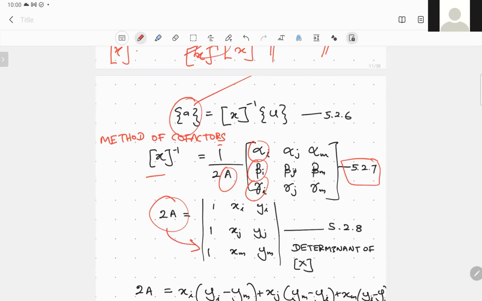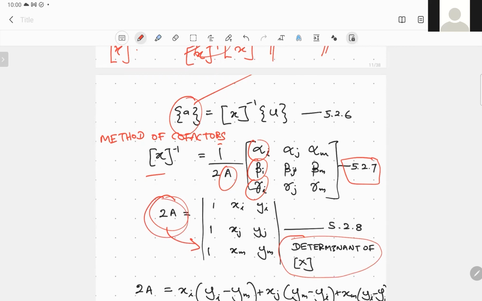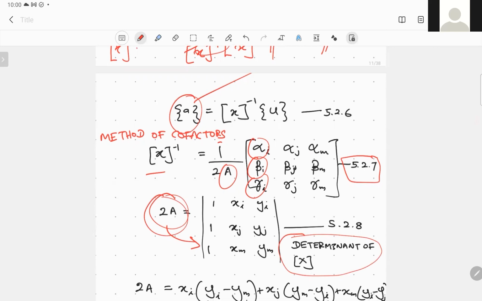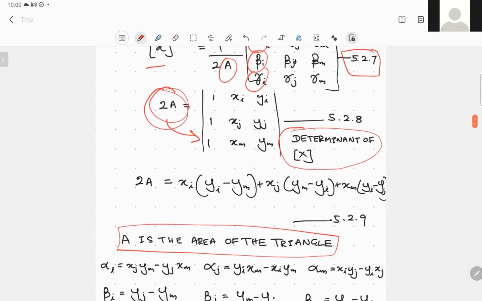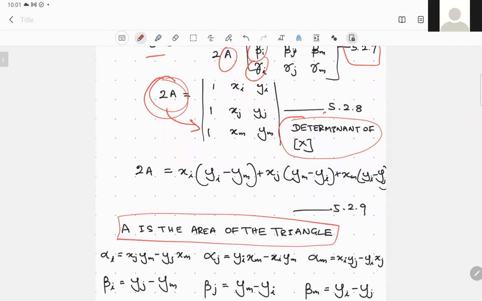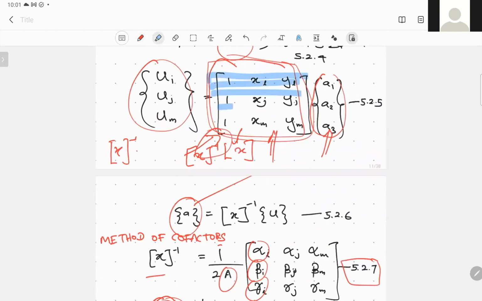How? By simply obtaining the determinant of this matrix X. If we obtain the determinant of X, we will end up getting the corresponding area for the element. So if we solve this equation 5.2.8, we have obtained the determinant, which gives us access to the area of the element.